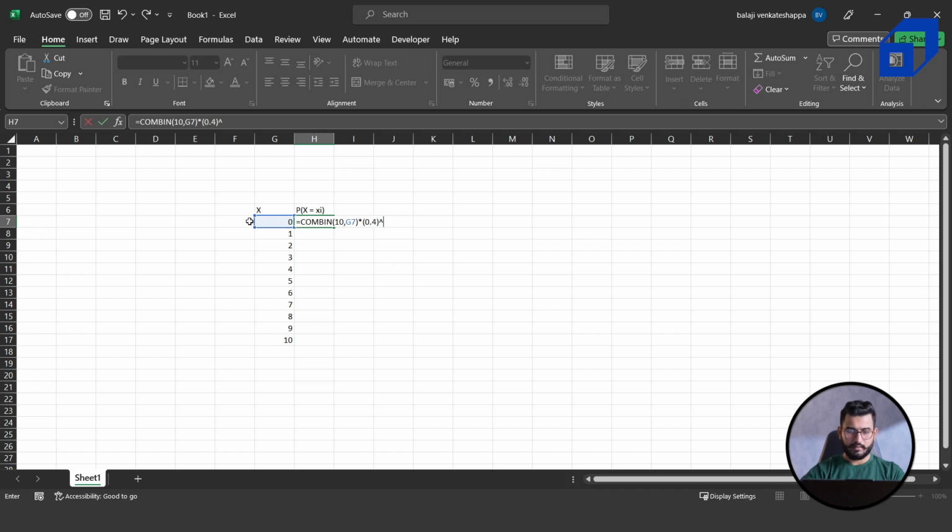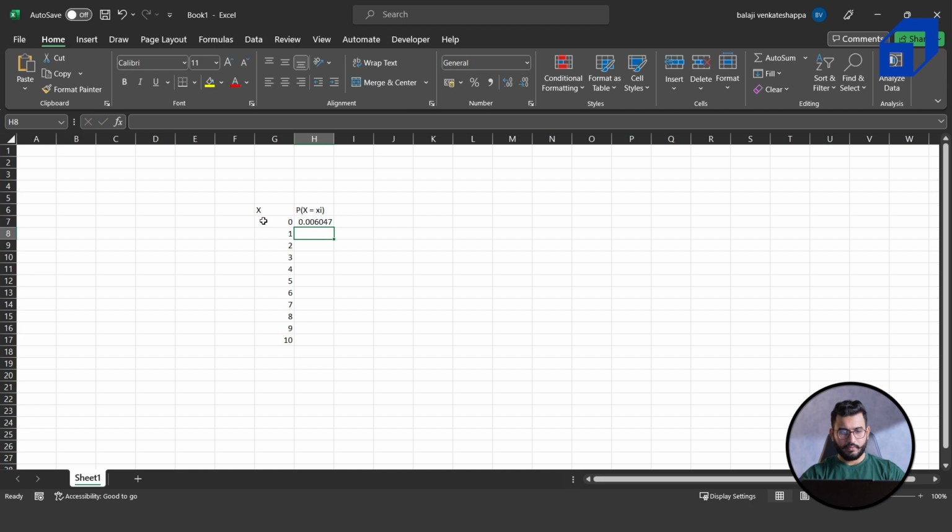I will put this in a bracket so that nothing goes wrong. This is multiplied by the failure, q, so 0.6 to the power of n minus x, so 10 minus x, and I close the bracket. I think everything is fine. Let's expand this formula. I have the probabilities. Now let's plot it.